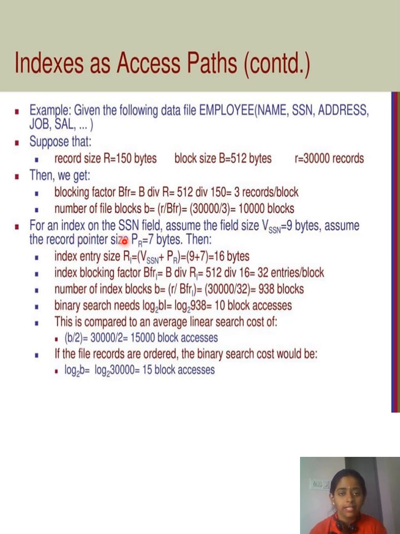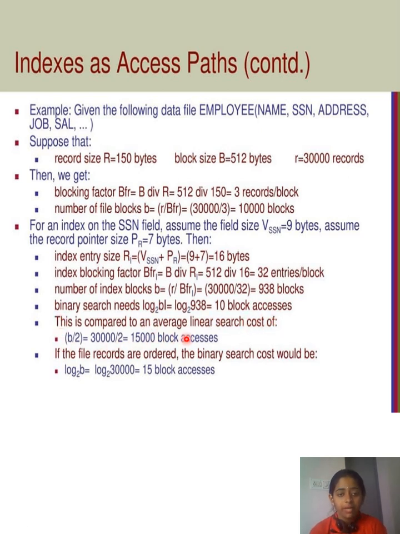For an index on the SSN field, assume the field size V_SSN equal to 9 bytes, assume the record pointer size P_R equal to 7 bytes, then index entry size will be equal to 16 bytes, then index blocking factor will be 32 entries per block, number of index blocks, that is 938 blocks, binary search needs will be 10 block accesses.